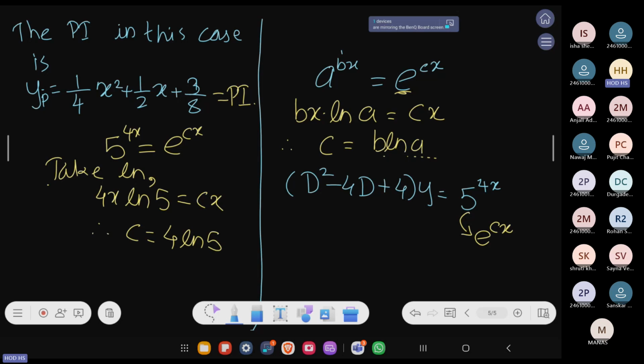So I will convert this problem: the left hand side is the same, I haven't changed it, but instead of writing 5 to the power 4x, I will write e to the power 4 ln 5 times x. That's the change. And then you know it is e to the power of ax, and you know how to operate.